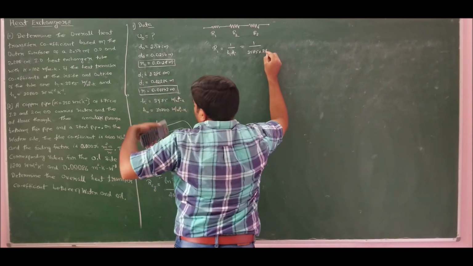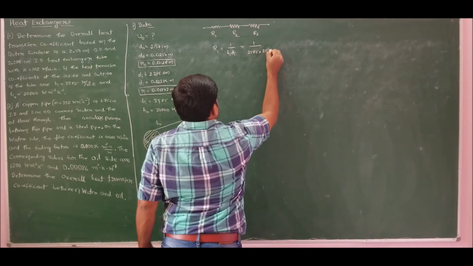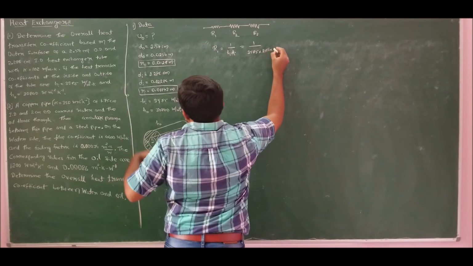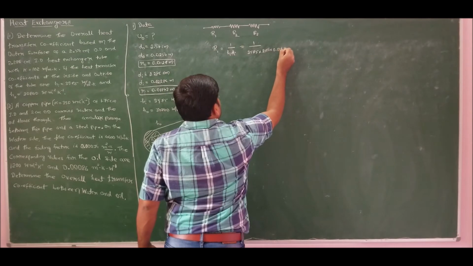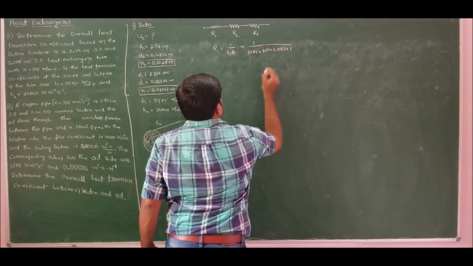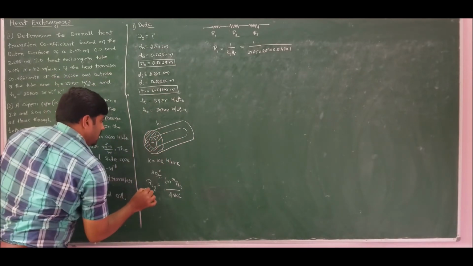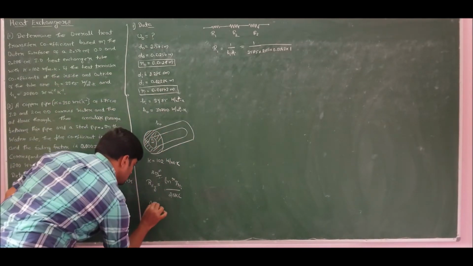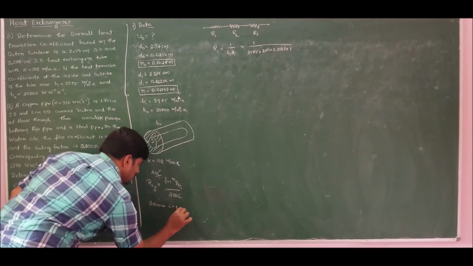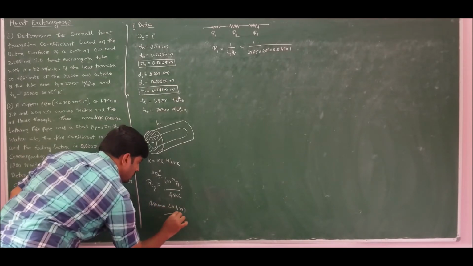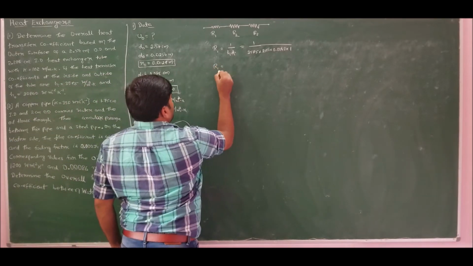Since length is not given, let us take length as 1 meter. 2 pi Ri, Ri is 0.01143 into L as 1 meter. Assume L as 1 meter. Let us calculate for per meter length. So thereby I will get the value of R1.